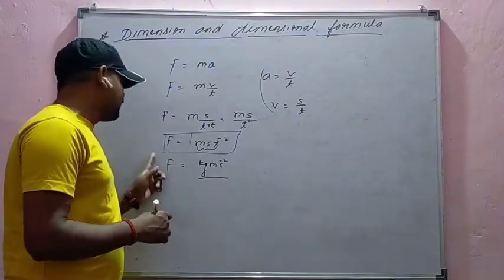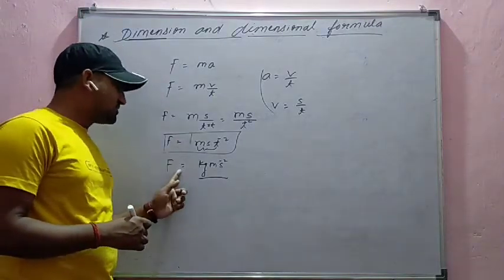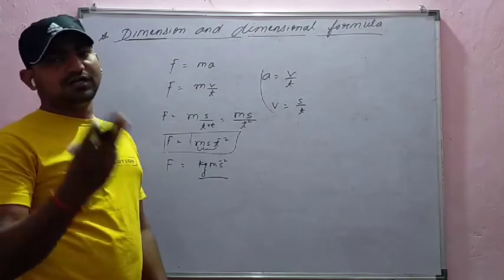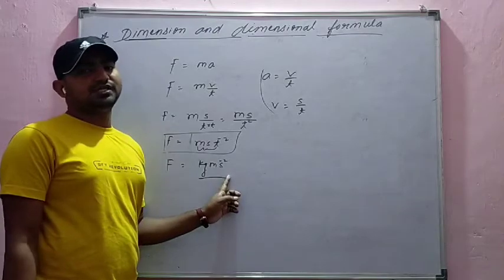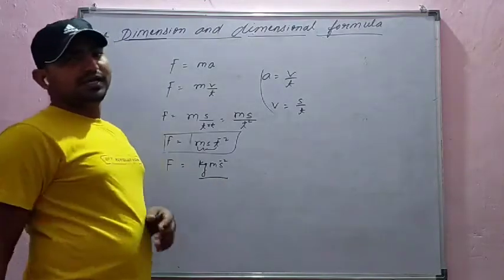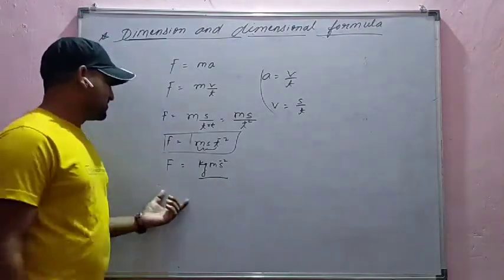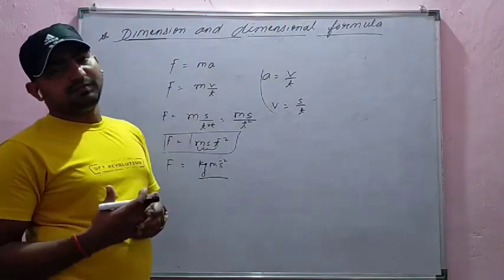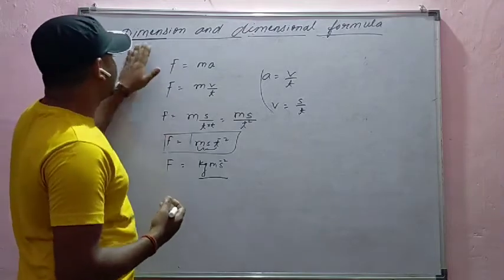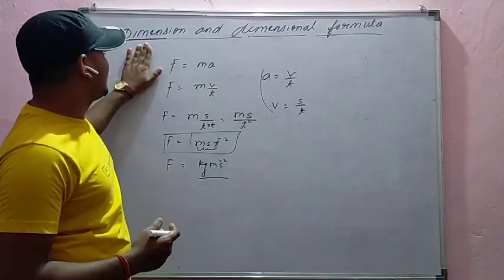Here force is the physical quantity and force is shown by 3 fundamental units like kg, meter and second. In this way we express any other physical quantities by the help of fundamental units. In this way we can define the dimension.